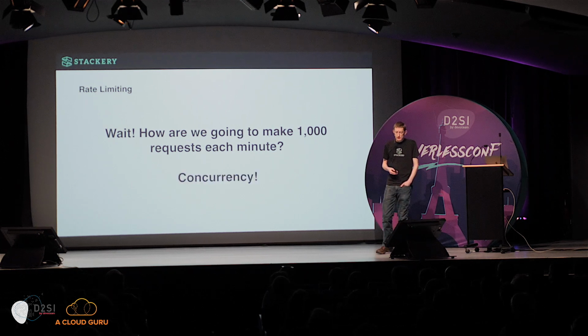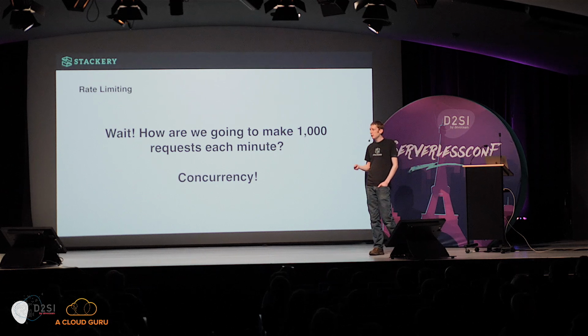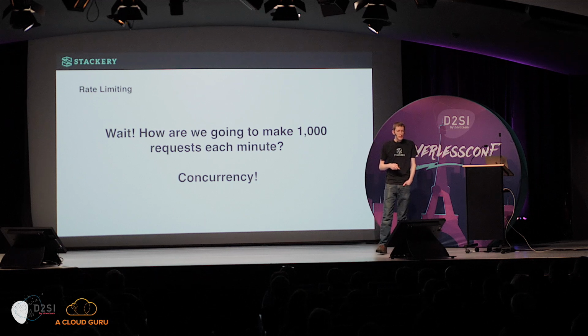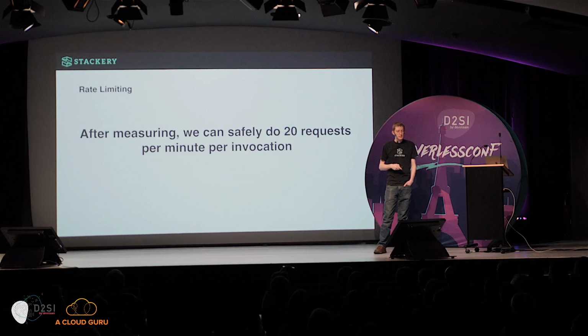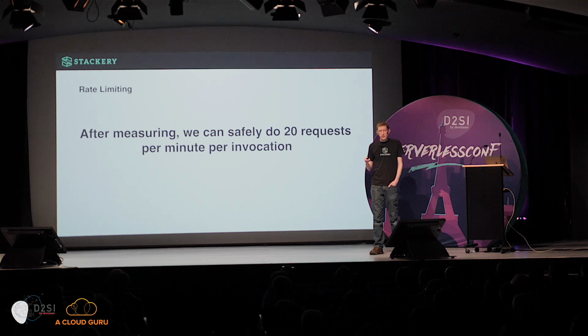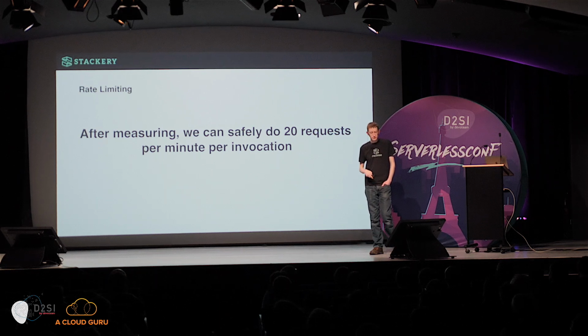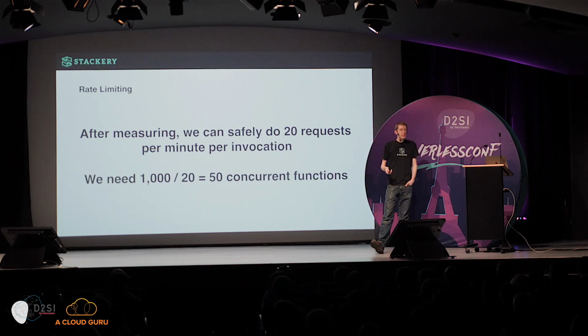And you're probably right. And you realize we need to add some concurrency into this as well. So how can we add all this together? Well, after we do some measuring, we realize we can safely do 20 page requests each minute per function that we invoke. So that means we need 50 concurrent function invocations every minute.